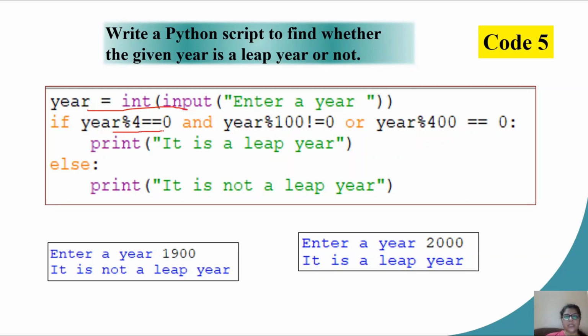But children, you need to understand that there are more conditions to a leap year than this one. If the year is divisible by 4, at the same time it should not be divisible by 100. So I put my second condition as year % 100 != 0. Because both of these conditions should be true, only then will the year be labeled as a leap year.